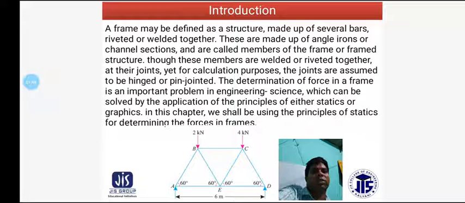The determination of the force in a frame is an important problem in engineering science, which can be solved by the application of the principles of either statics or graphics. So in this chapter we shall be using the principle of statics for determining the forces in frames.